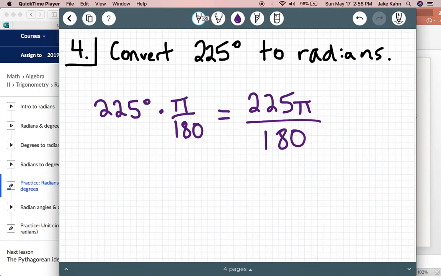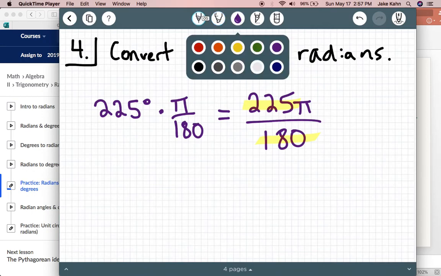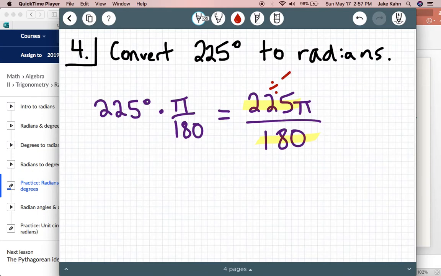What number is a factor of both 225 and 180? Well, I see 225 and 180, they end in a 5 and a 0, so I know it's divisible by 5. So I'm going to quick do that in my calculator. I'm going to divide both 225 by 5 and 180 by 5 to simplify this a bit.